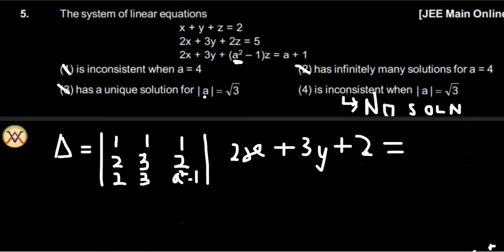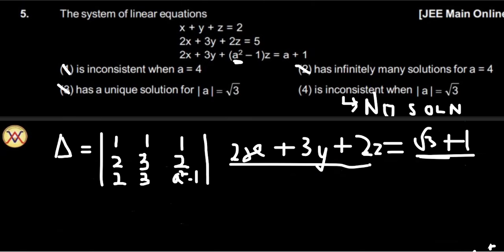As you can see, mod of a is root 3, then root 3 plus 1. Now you can see this is 2x plus 3y plus 2z equals 5, and this is 2x plus 3y plus 2z equals root 3 plus 1.